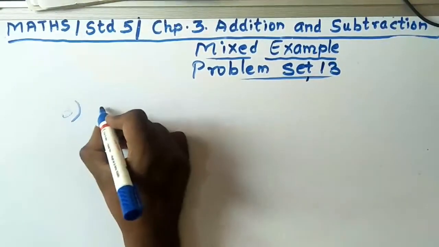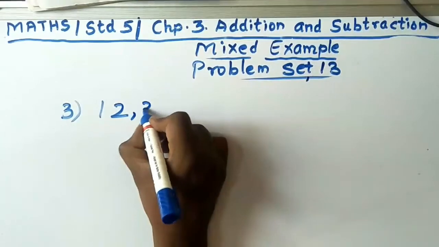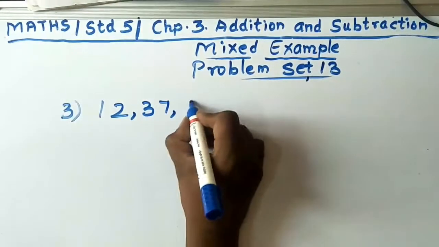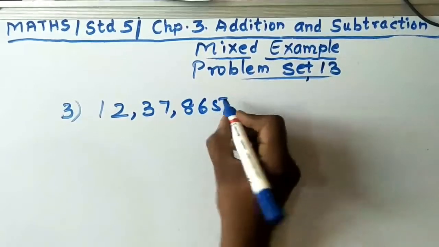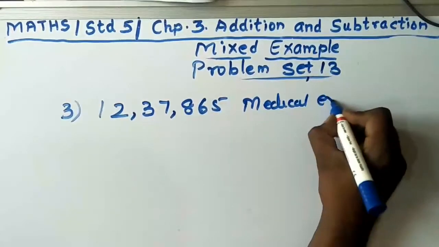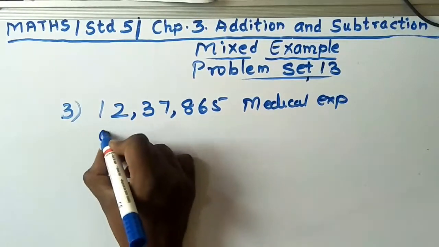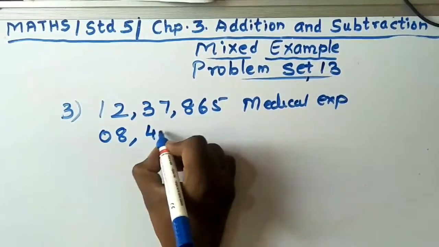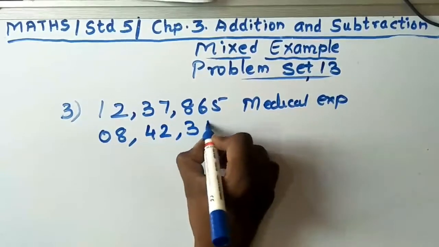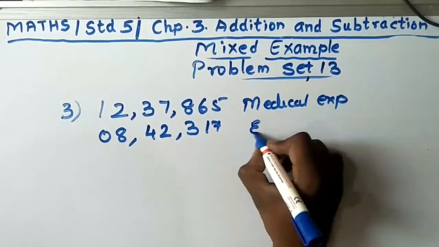So how will you do it? Third sum, 12,37,865 for medical expenses. 8,42,317, this is for the education.